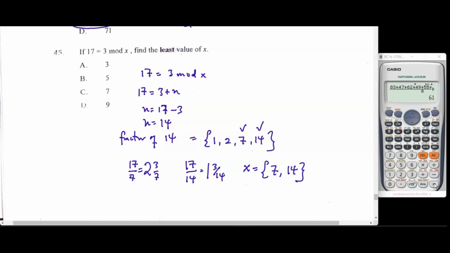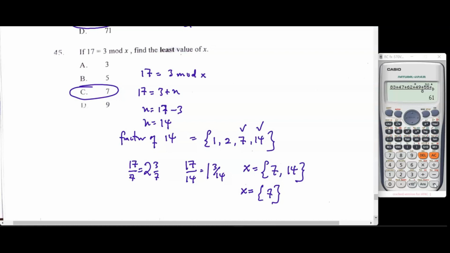But we need the least value of x, and therefore the least value of x must be actually 7. So 7 is actually the modal, or the mode in which the operation was worked in. 7 is a mode for which the operation was conducted.